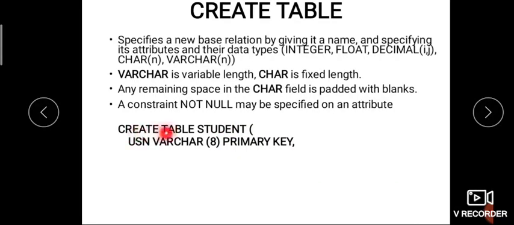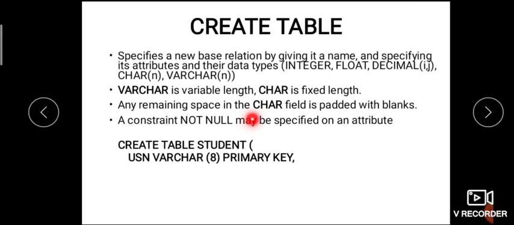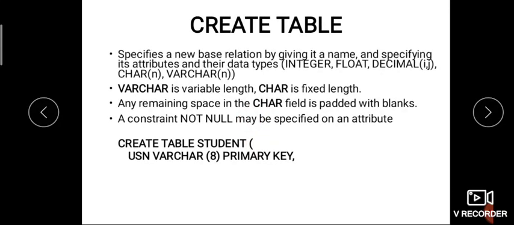So create table, the name of the table is student. Then you open a brace here. Then you start listing the attributes of the student. So what attributes can a student have? A student can have USN, name, age, date of birth, percentage, address, etc. I have listed here a few of the attributes of the students.